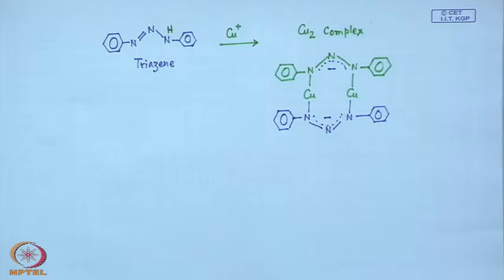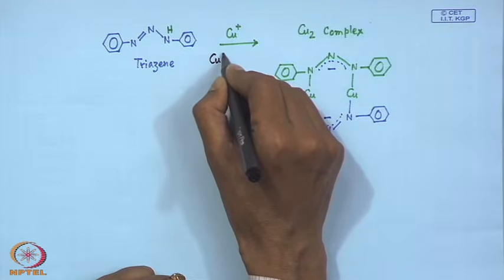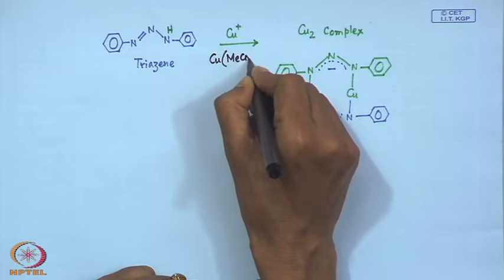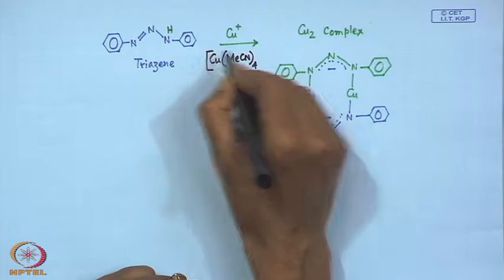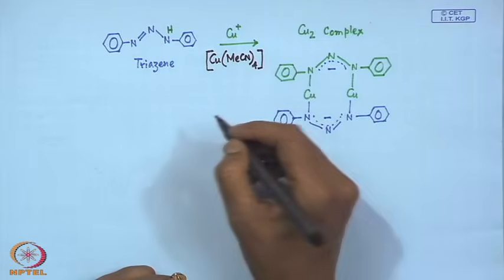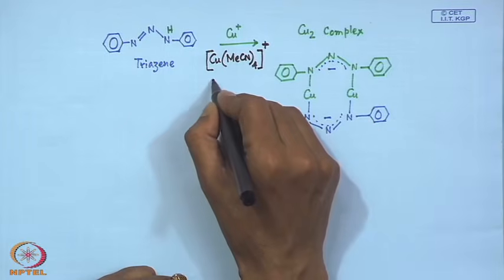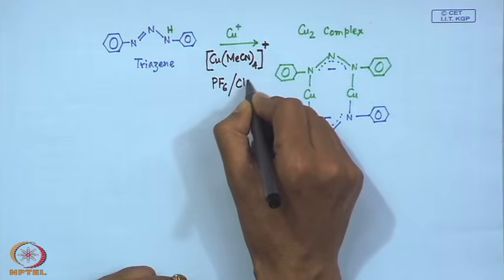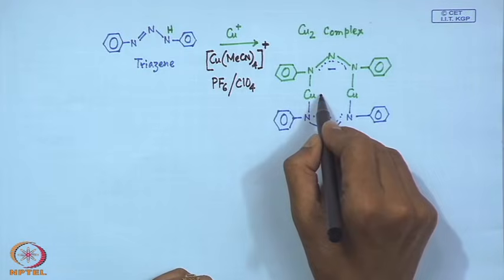For both the two copper centers, we utilize a very well known starting material of copper 1 with coordination of 4 acetonitrile molecules over it, which can be a salt of PF6 or perchlorate.